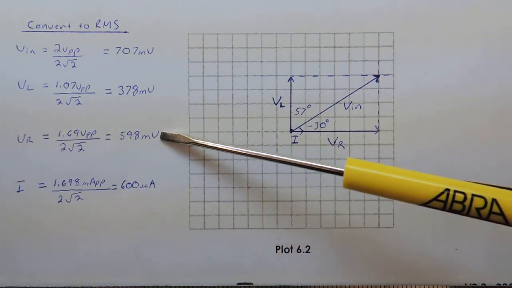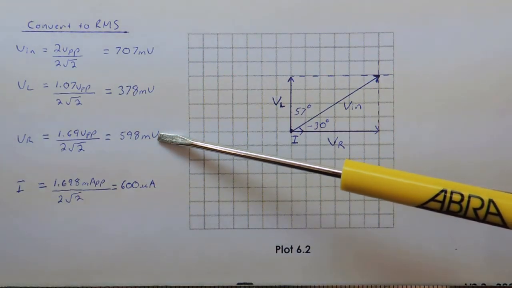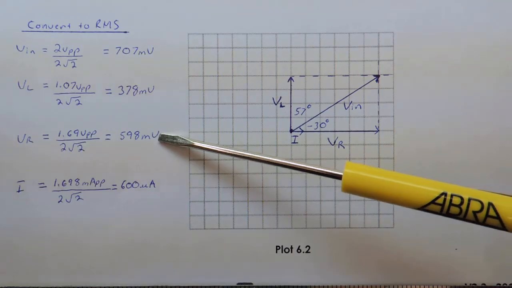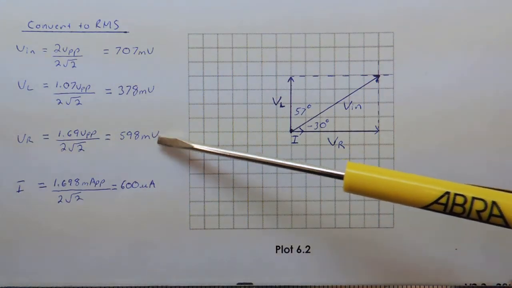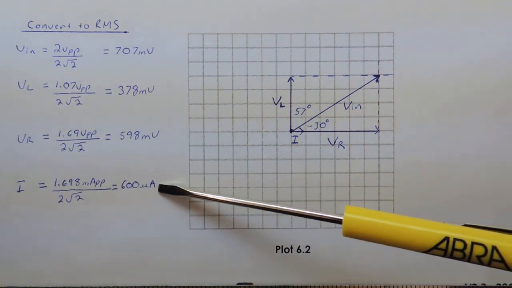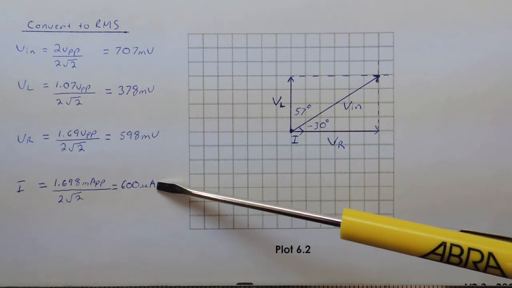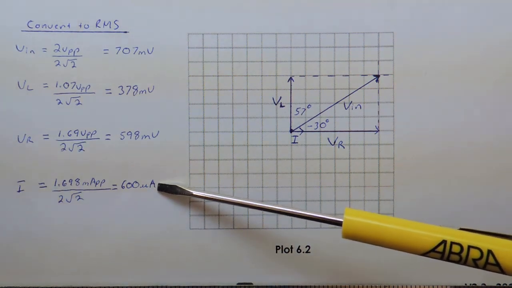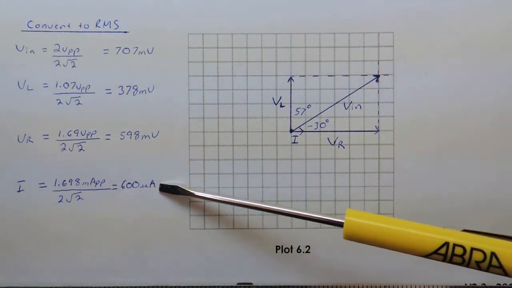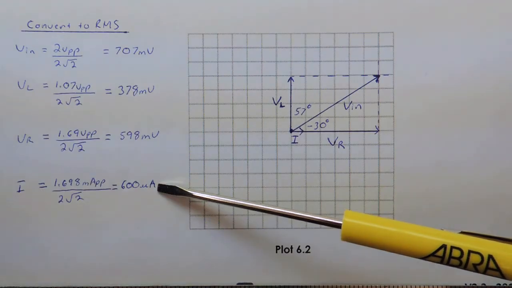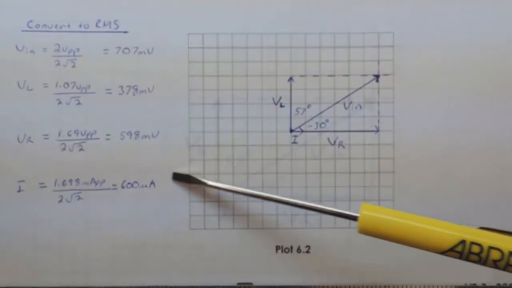VR was 1.69 volts peak to peak, and that converts to 598 millivolts. And our current was 1.698 milliamps, and that converts to 600 microamps RMS. So it's the RMS values that we actually plot on a phasor diagram.